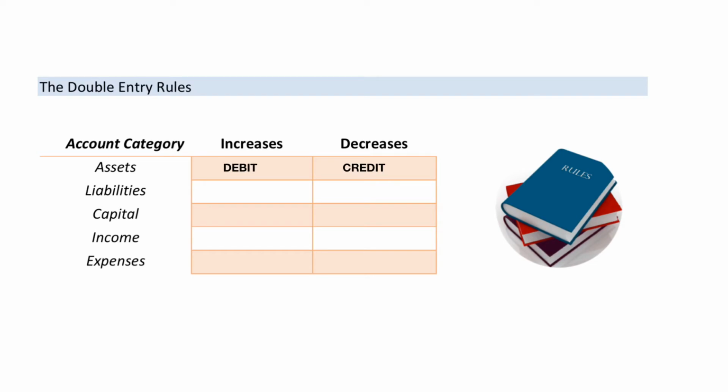Now based on this duality of the transaction, the double entry system was created and the double entry rules were given to you. The beginning of these double entry rules is that if an asset increases, you need to debit it, and if an asset decreases, you have to credit it. Now the double entry system is actually developed based on two main principles.